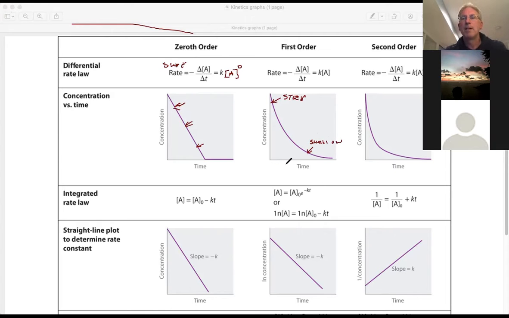So like Katie said, the slope is decreasing, which means that your speed, your slope, is higher when you have a high concentration. So when your concentration is high, your slope is high. And when your concentration is low, your slope is low. Good, not good? Good.